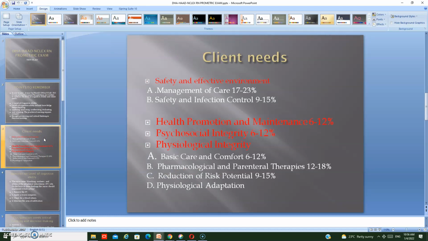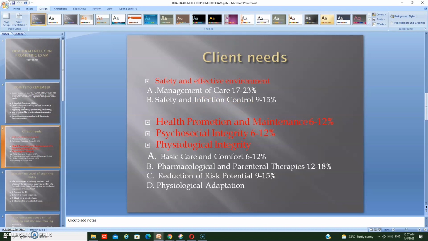There are four major criteria that we have to follow under client needs. The first one is safe and effective environment. In safe and effective environment, there are subcategories: management of care and safety and infection control. These two are very important.